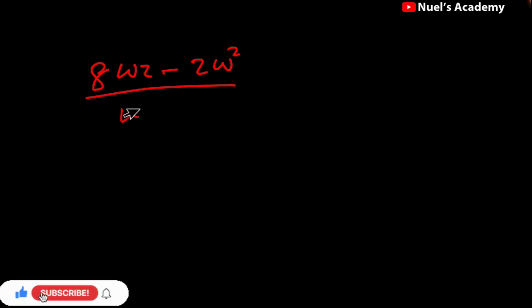Let's solve this. 8wz minus 2w squared over w minus 4z. So what is common in the numerator? 8wz minus 2w squared. So 2w is common here. So we write 2w into 8wz divided by 2w.